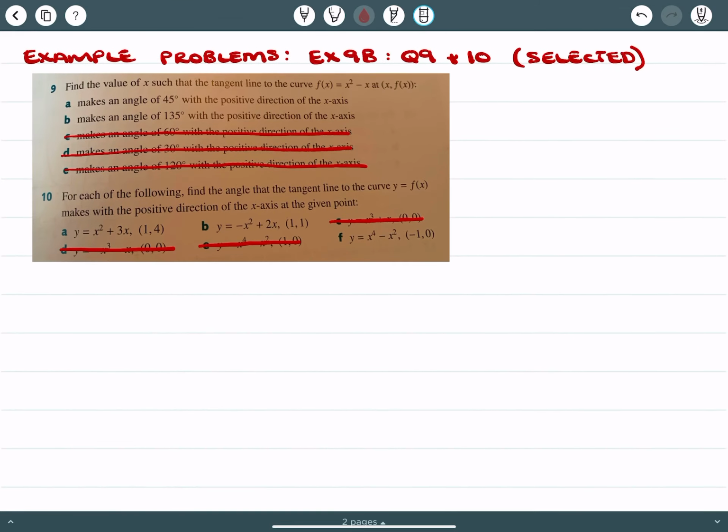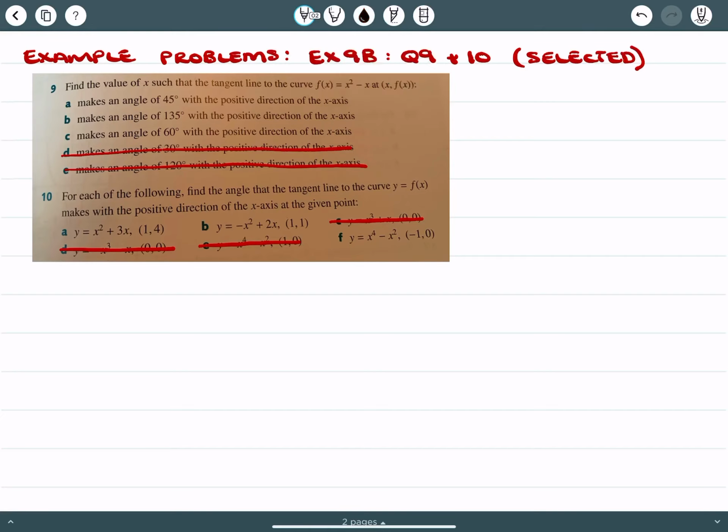So let's have a look at our problem. We've got two problems taken from our text, and I'm not going to do all of them. In fact, I'm going to include this one here, C. So we're going to have a look at 9a to get us started.